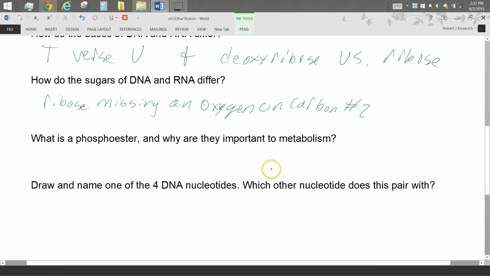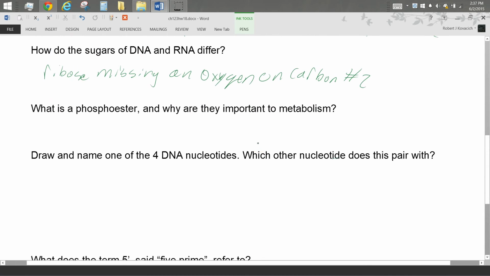Phosphoester? What's a phosphoester? There's an ester, right? How's the phosphoester differ? What's different about it? It has a phosphorus where?